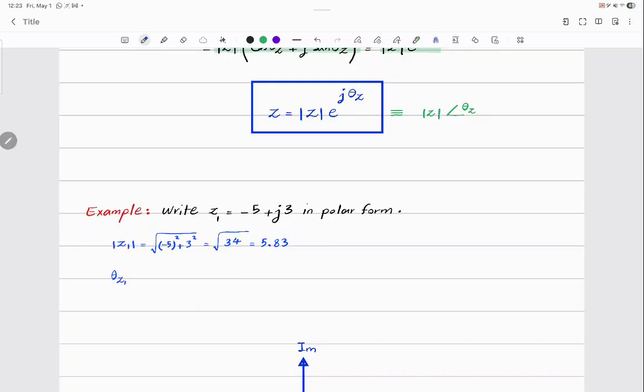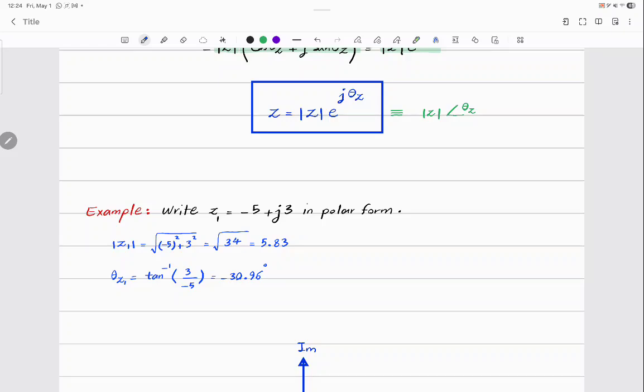The angle of z1, or the phase of z1, theta z1, is equal to the inverse tangent of 3 over -5. Give it to a calculator and give me the answer. -30.96 degrees. Okay?